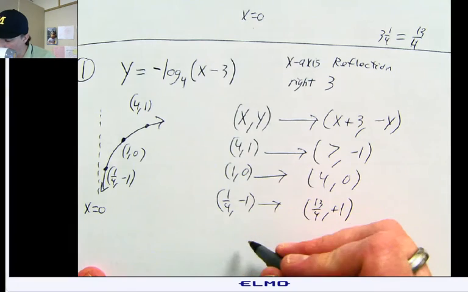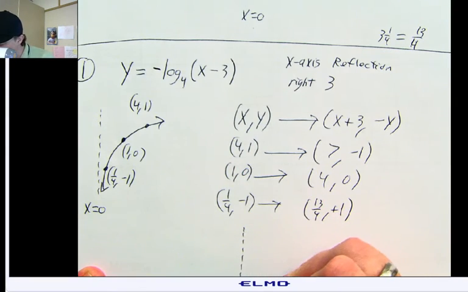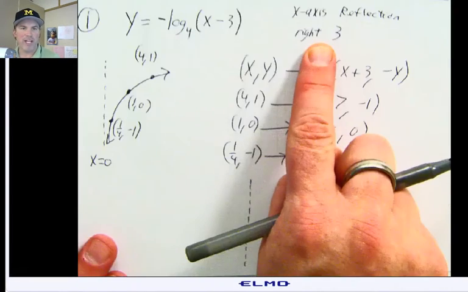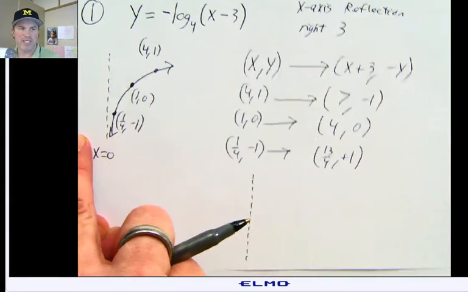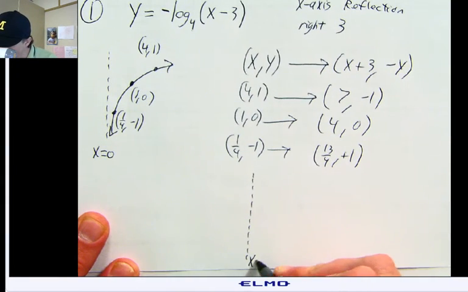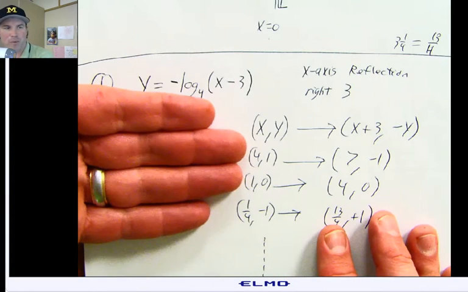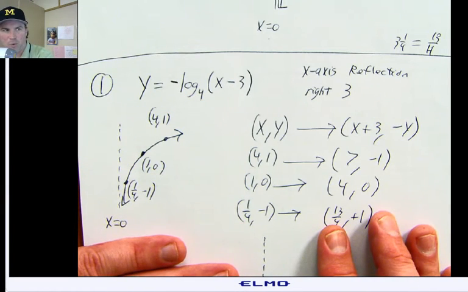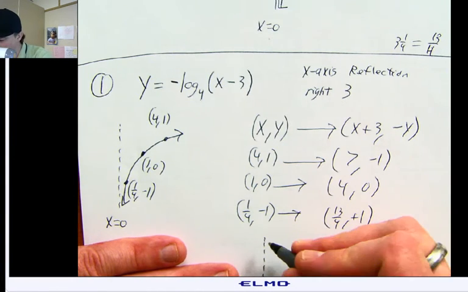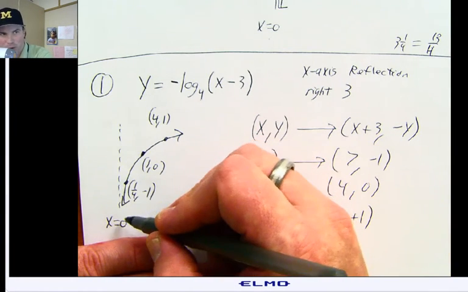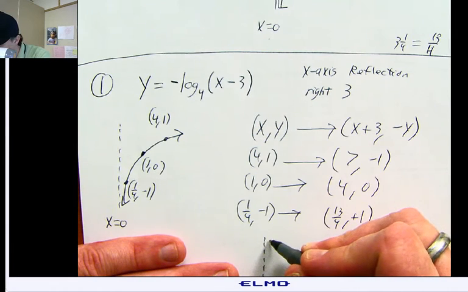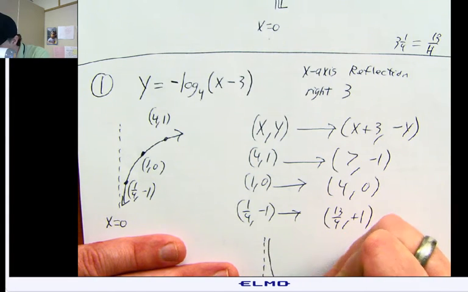If it's moving right, it's still going to be a vertical asymptote, but because it's moving right 3, this asymptote, instead of being at x equals 0, is going to be at x equals 3. An x-axis reflection is the vertical type of reflection, and if you take this graph and reflect it over the x-axis, instead of going down the asymptote, it's going to be going up the asymptote and then heading off like that.